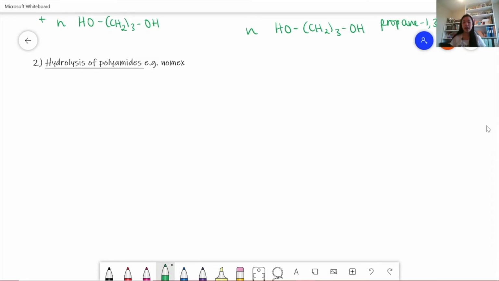So we're going to use the example of Nomex. And Nomex is actually used in oven gloves and in fire protective suits. So what it looks like is we've got C double bond O, then we have a benzene ring, and then another C double bond O, and then we have NH, another one of these benzenes, and then we have NH.